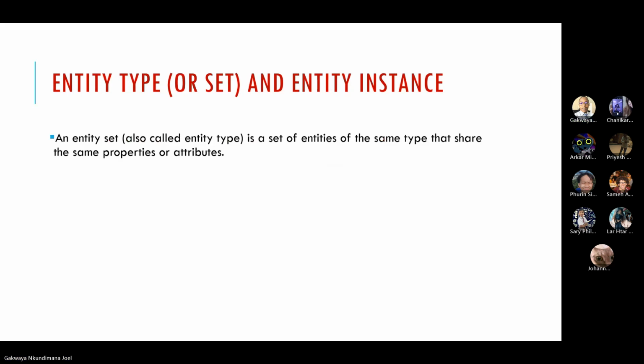We have a set of entities that share the same properties or attributes. That's called the entity set or entity type. It is a set of entities of the same type that share the same properties or attributes. Can you give an example?